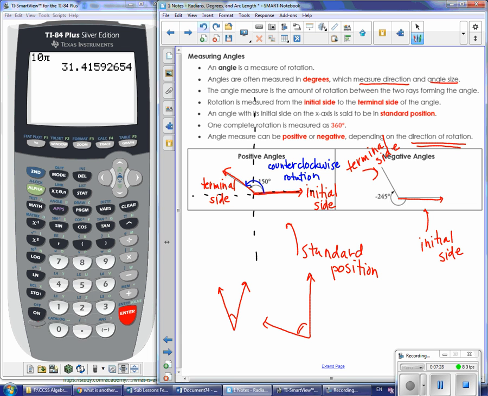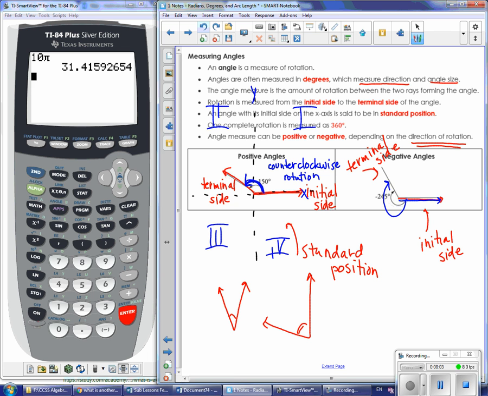And if you think about the quadrants, on a coordinate plane where this is my x-axis and this is my y-axis, my quadrants are 1, 2, this is my third quadrant, and my fourth quadrant. And so if I go in order, I'm going counterclockwise, and that's going to give me a positive angle. If you take a look at the other example, even though my initial side is still in standard position, if I swing that terminal side this way, it gives me a negative angle.